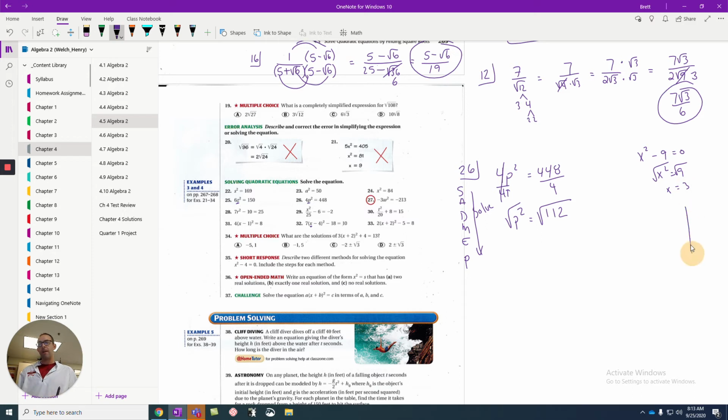But if I were to actually graph x squared minus 9, it has a right side, and it crosses right there at 3.